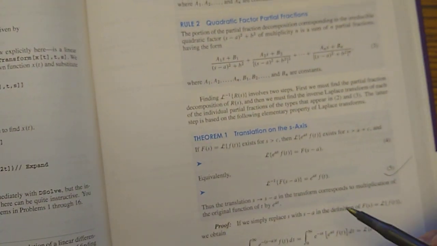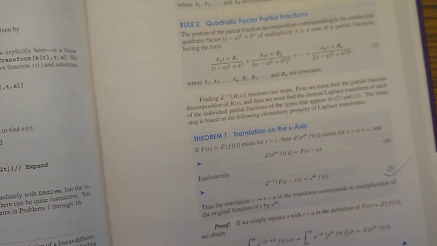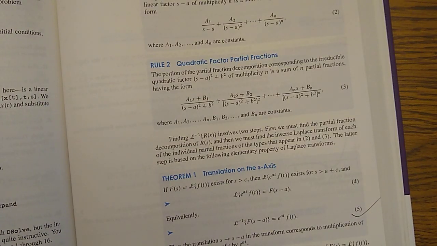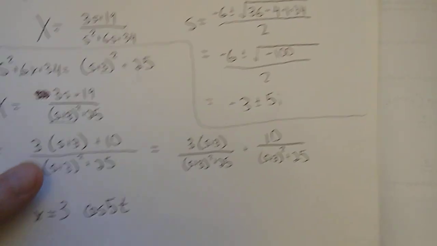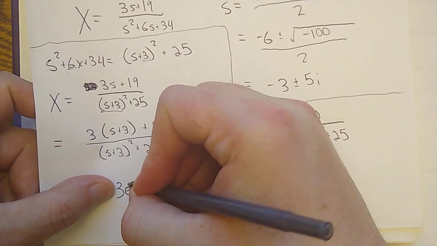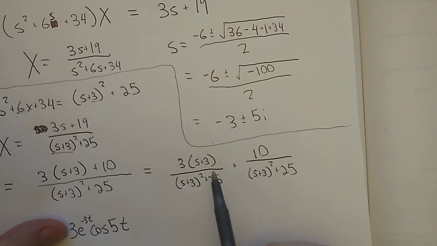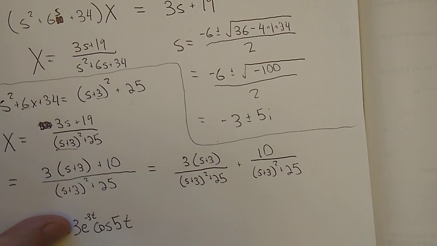This translation, if you remember, this is like a would be negative 3 because I have s plus 3's instead of s's everywhere. So what happens is you just multiply the inverse Laplace transform by e to the at. So I'm going to multiply this by e to the negative 3t. That's the effect of what happens because these are s plus 3's instead of s's.